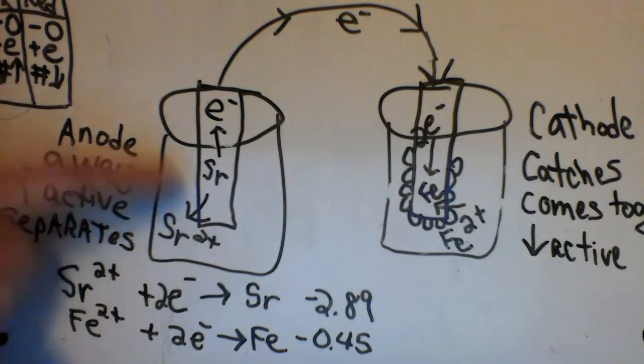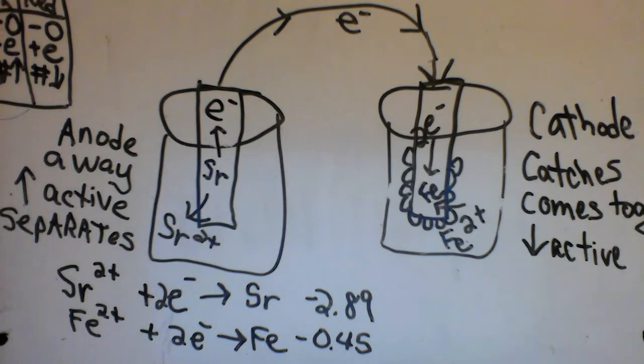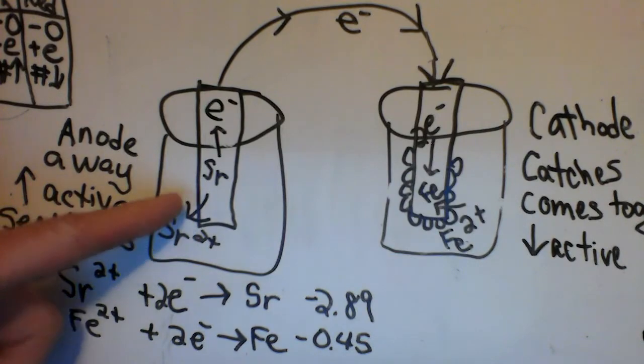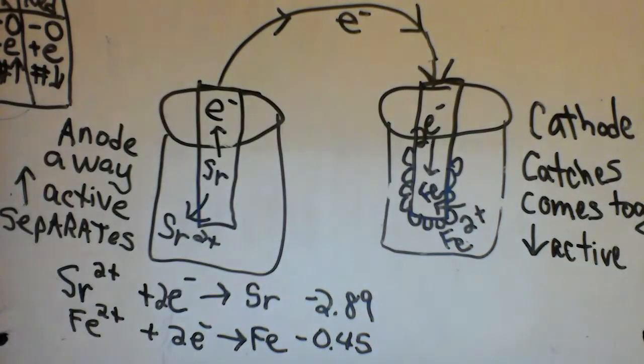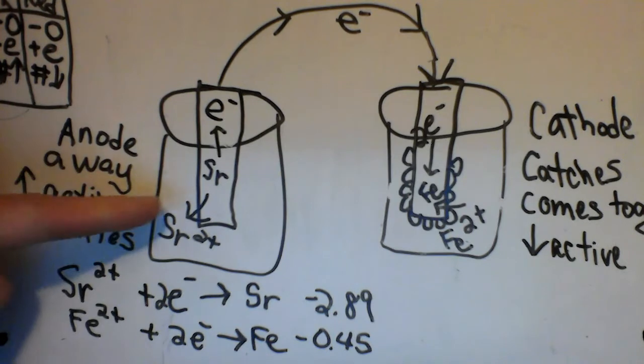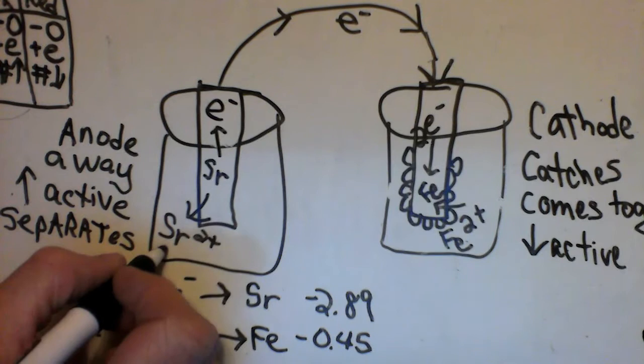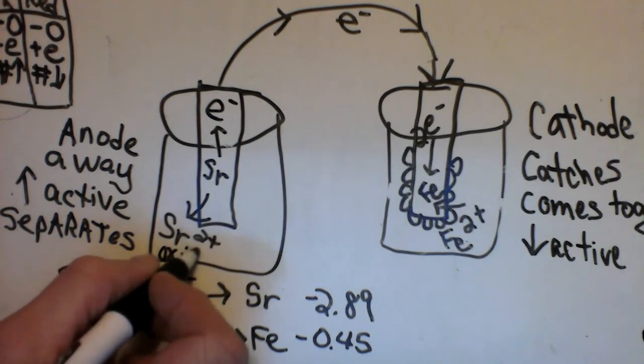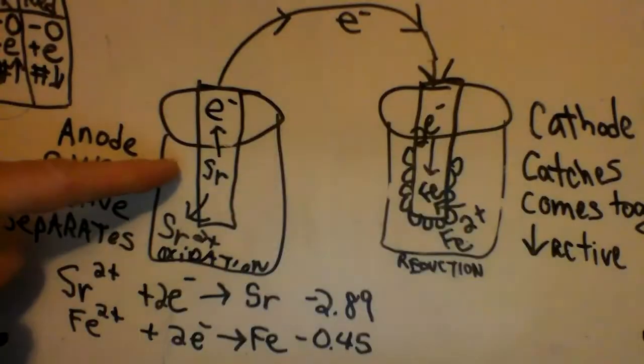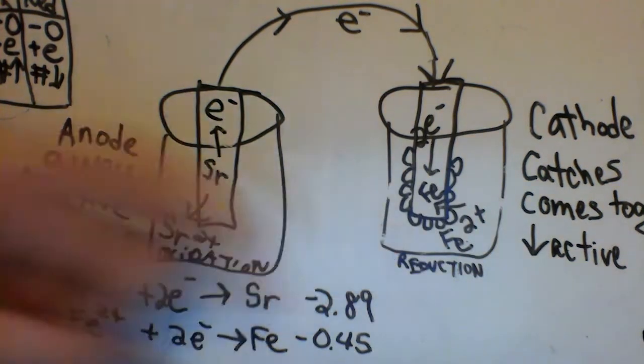Now strontium is a more active metal, and therefore strontium is the one that releases its electrons. Know that oxidation is occurring in this beaker. So oxidation is occurring here and reduction is occurring here.